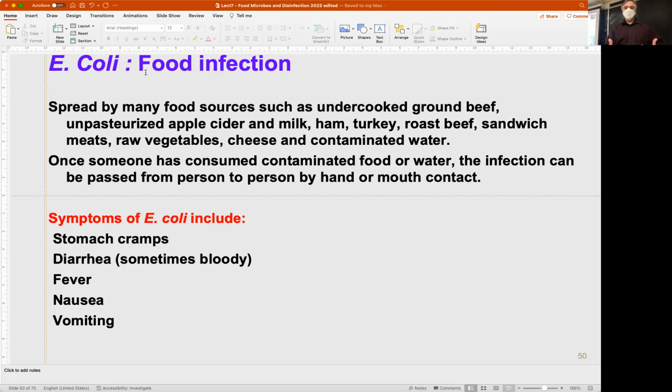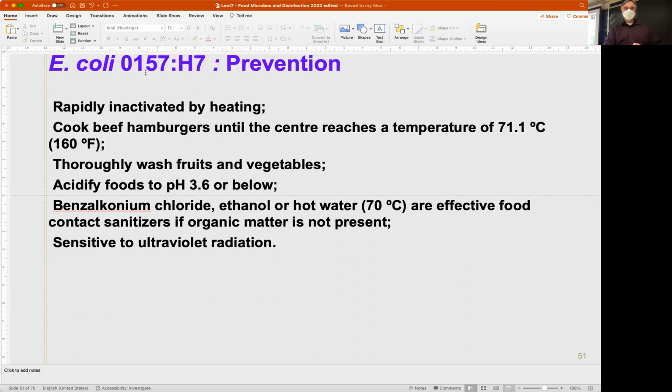And if you contaminate water, it can go from person to person by hand or mouth contact as well. Common symptoms are stomach cramps, diarrhea, fever, nausea, and vomiting. But in this case, the diarrhea is bloody, so it's quite extreme.